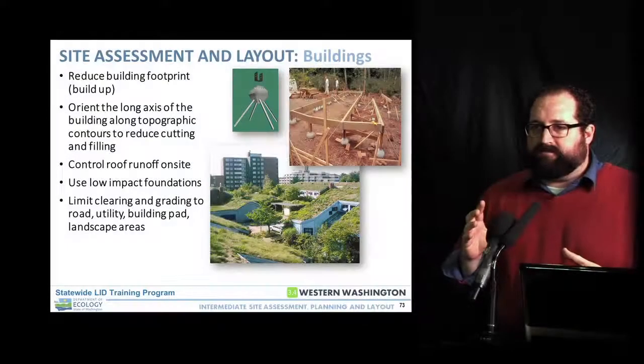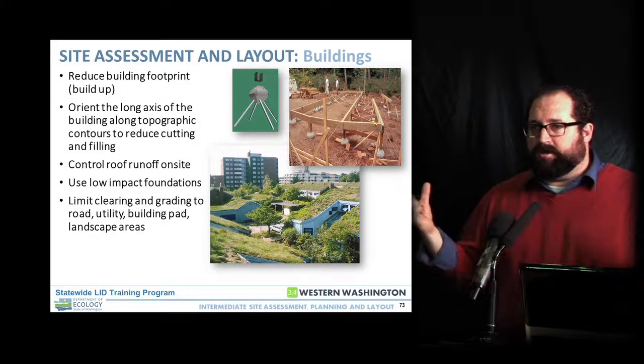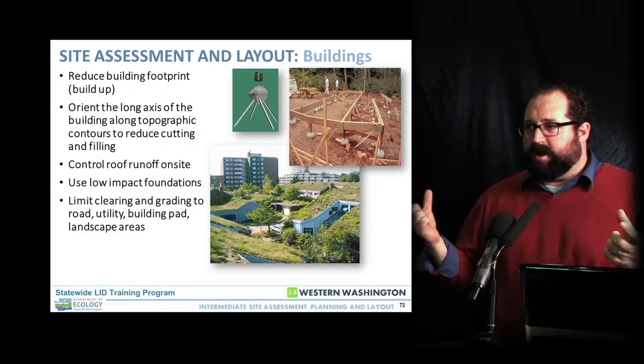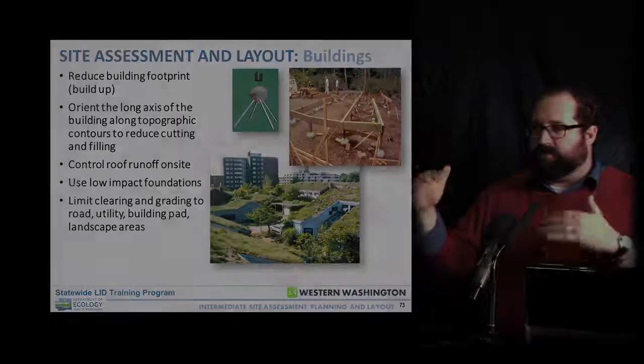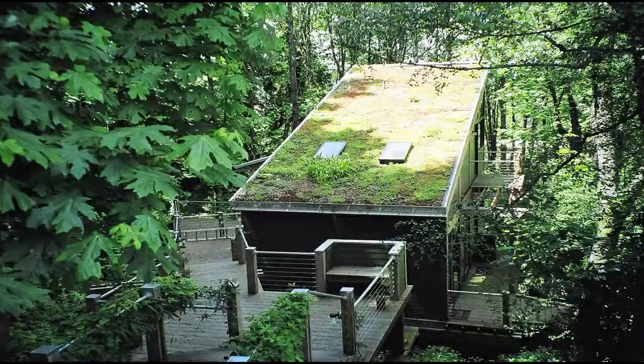Looking at the topography of the site, being able to incorporate building along the axis of topographic lines rather than against them, so you're not doing as much cutting and filling, which is going to reduce the overall impact of the site.